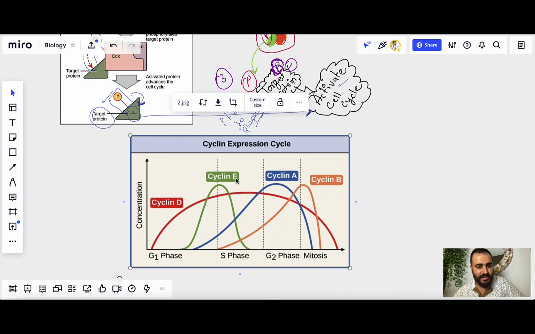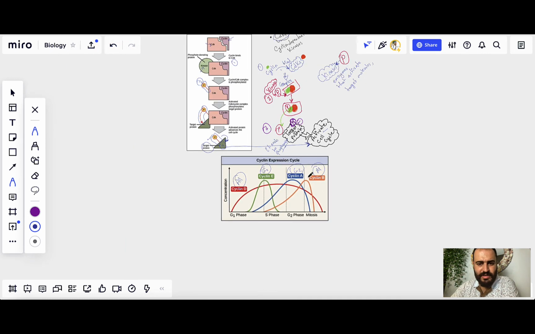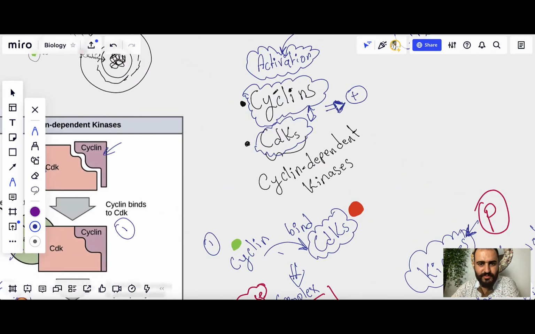Cyclin E is activated at the G1 checkpoint, in G1. Cyclin A is activated in G2. Cyclin B is activated in M. Cyclin D is activated in all checkpoints. Okay, these are the types of cyclins, and this control is the activation, or the positive control, of the cell cycle.